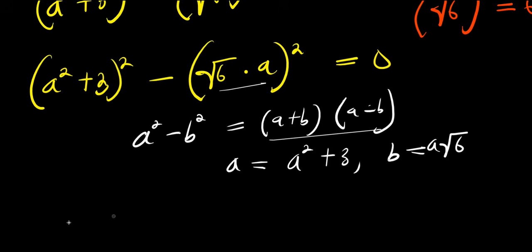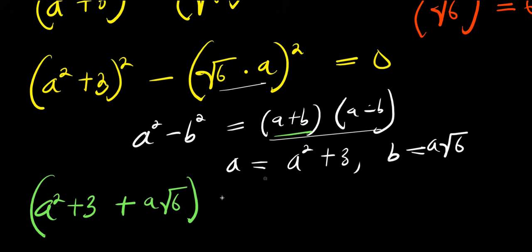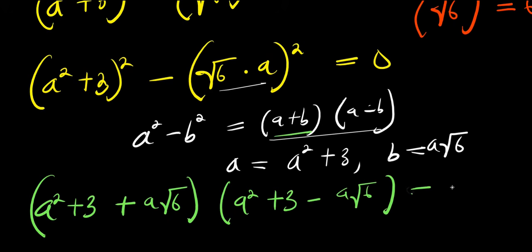So we simply have a plus b, that is a squared plus 3, that is my a, plus b, that is a times root 6, and that is for a plus b. For a minus b, you have a squared plus 3, this time minus a times root 6, and this equals 0.